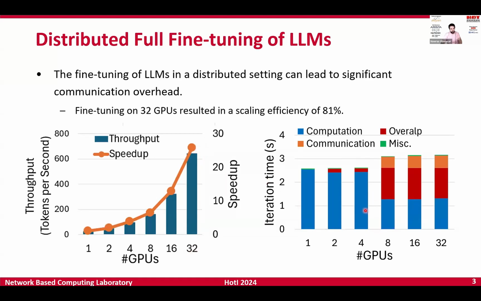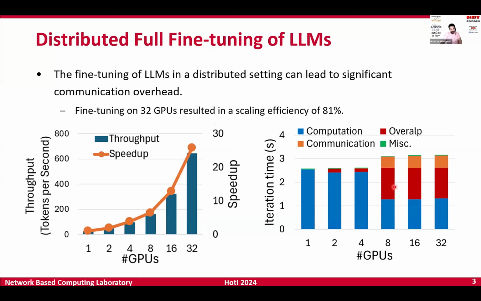To better understand this degradation of performance per GPU, if you look at this figure to the right, we see the breakdown of training, basically the training iteration time, where blue is the computation time, orange is the communication time, and red is the overlap between the two, communication and computation. And as we go from 4 to 8 GPUs and beyond, we see this sudden jump in communication overhead.